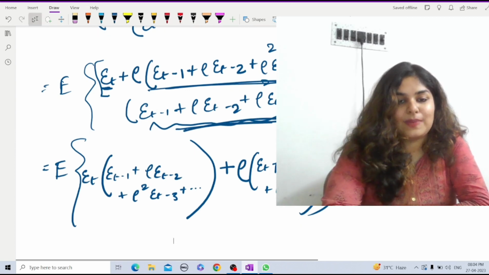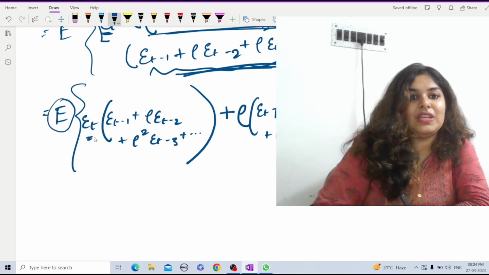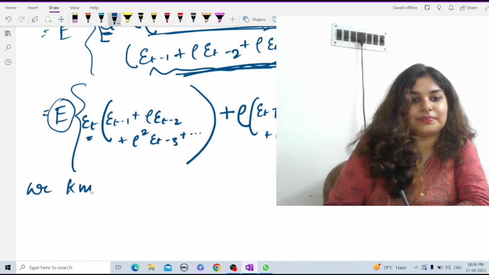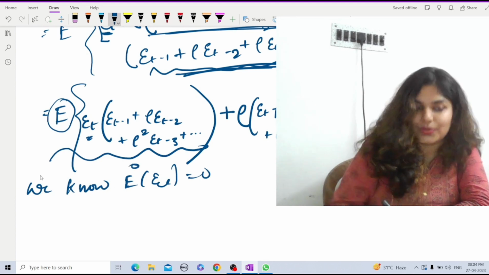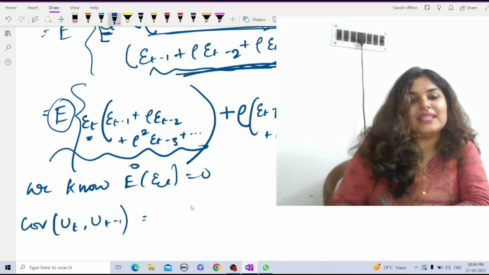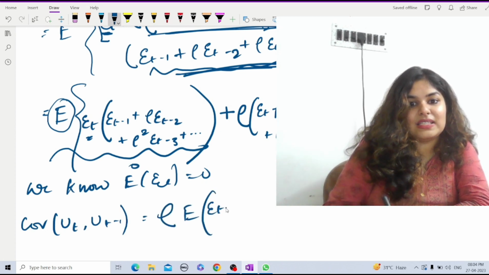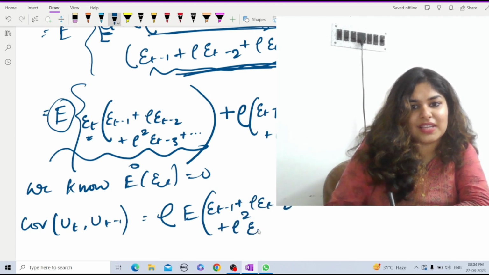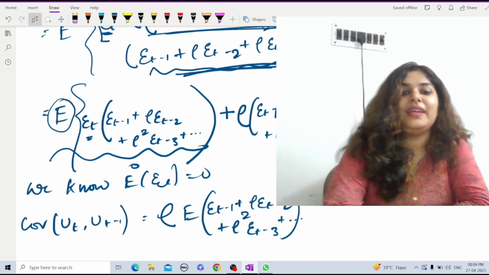Now let us apply expectation. If we take expectation of epsilon t, we know that it is equal to 0. So this term is basically 0 and we are left with the covariance of ut and ut minus 1 is equal to rho expectation of epsilon t minus 1 plus rho epsilon t minus 2 plus rho square epsilon t minus 3 plus dot dot dot whole square, right?